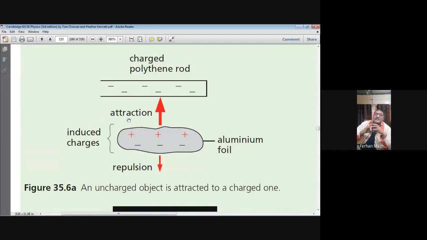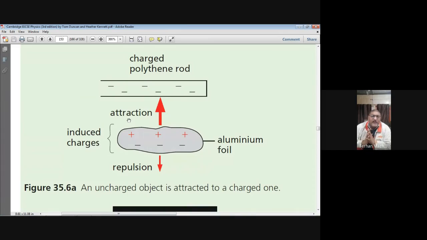So you see, at the same time, the polythene rod is attracting the top of the aluminum foil and repelling the bottom. The top is attracted because it's positively charged, and the bottom is repelled because it's negatively charged, and our polythene rod is negative. Like charges repel each other and unlike charges attract each other.